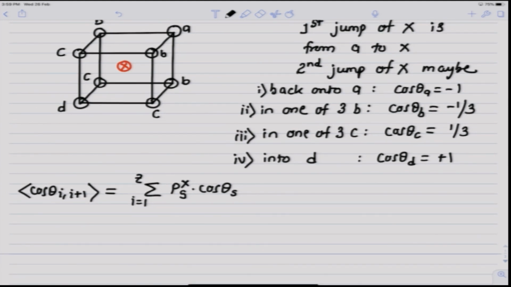So, now there are one A type of site, 3 B types, 3 C types and one D type.